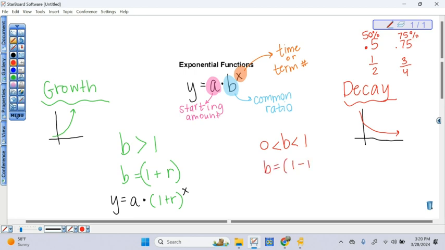We subtract R. That's why it's somewhere between 0 and 1, right? So my equation becomes y equals A times 1 minus R to the x. Okay.